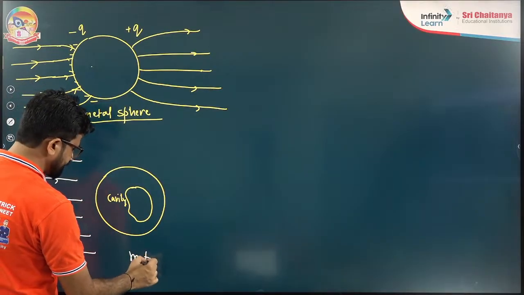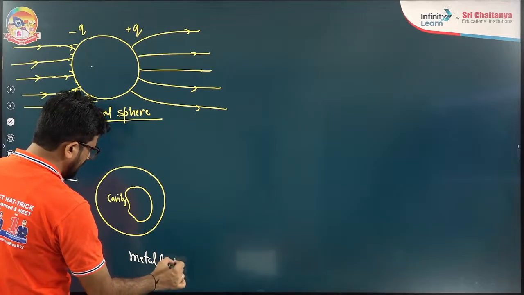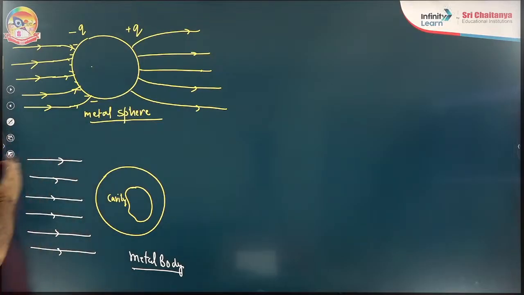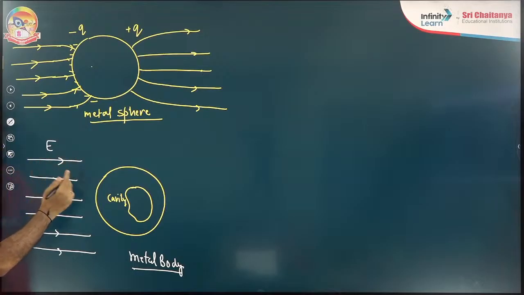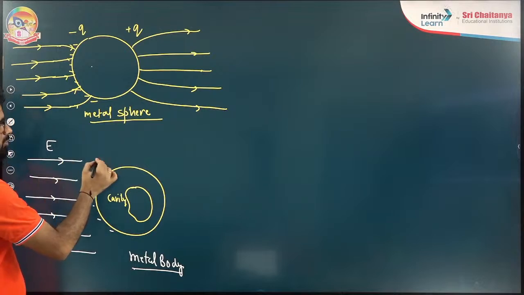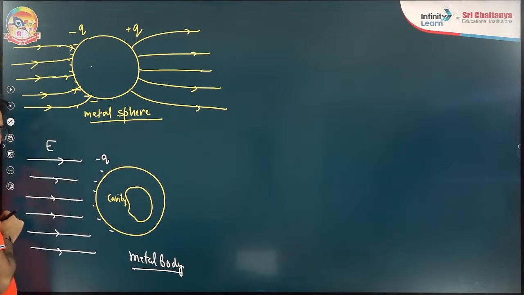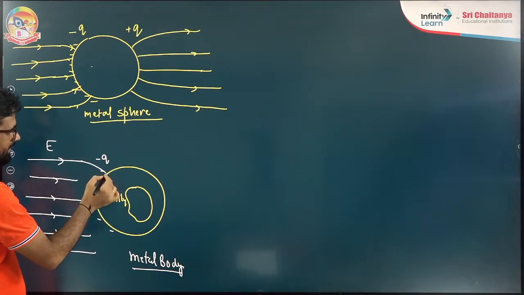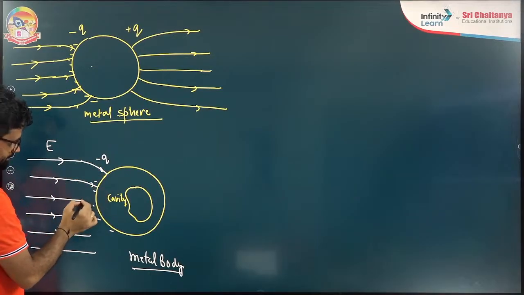Metal body. If it is a metal body, definitely free electrons are there. This field is coming from this side. Field is coming means this side is positive, so it will attract negative charge. So here the negative charge starts to appear. Suppose minus Q charge is going to appear. So this is positive charge, this is negative charge. The field lines will terminate on the negative charge.